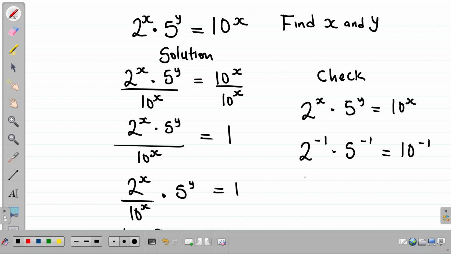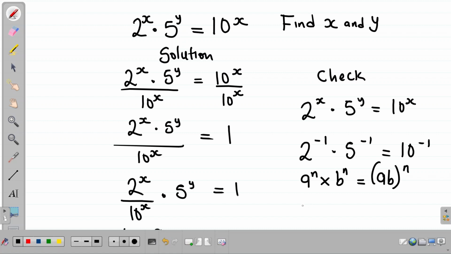From the product power law of indices, we have that a raised to the power of n times b raised to the power of n is equal to a b all raised to the power of n.